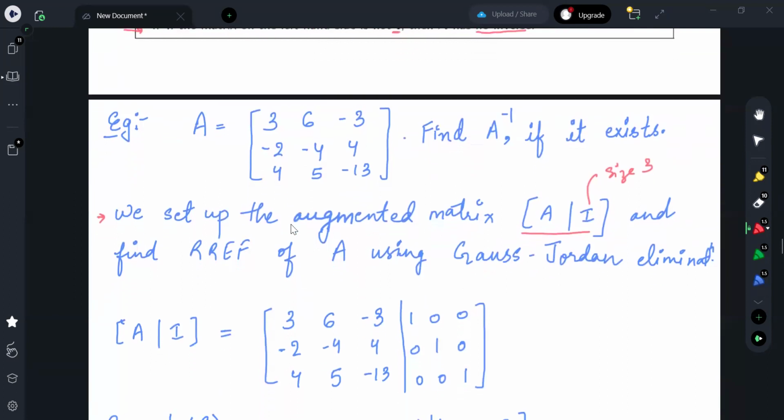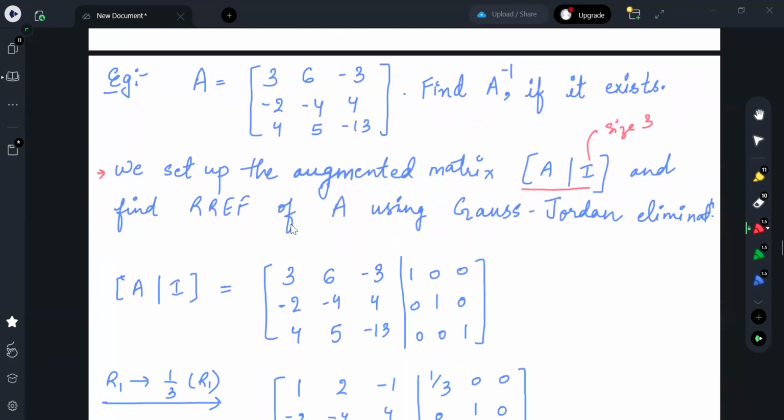I will perform the row reduction on A. Keep in mind that whatever operation you're doing on the left-hand side, you have to apply the same operation on the identity matrix on the right-hand side.